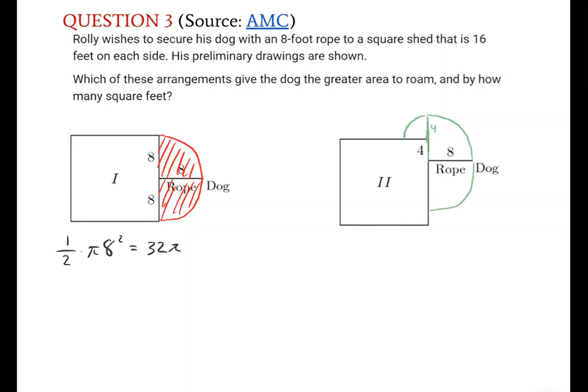So this green area is just a semicircle plus a quarter circle.